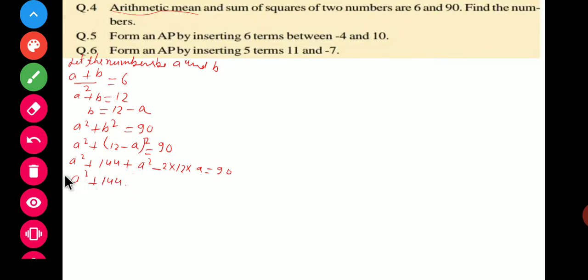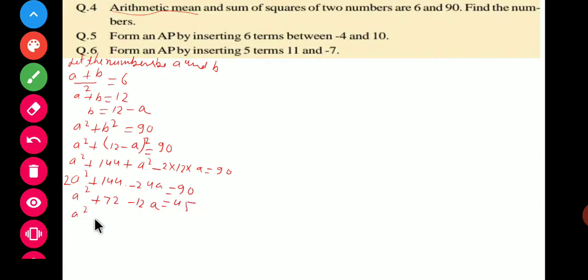A square, that becomes 2a square, 144, and minus 24a is equal to 90 divided by 2. So we get a square plus 72 minus 12a is equal to 45.